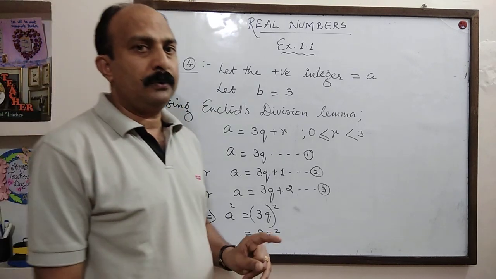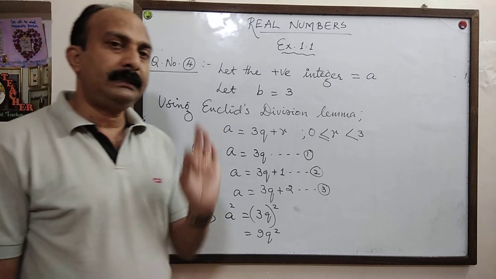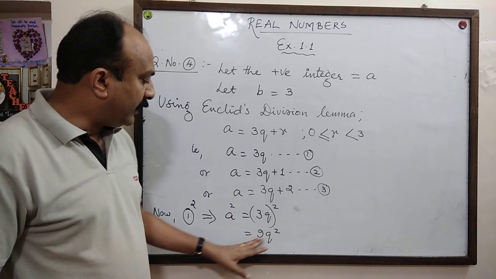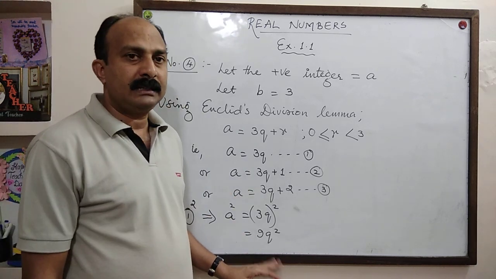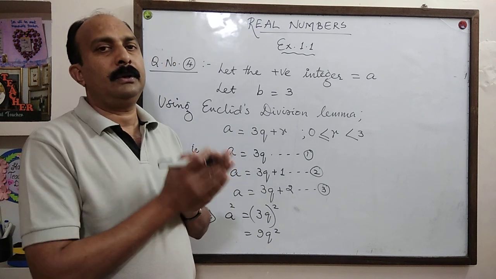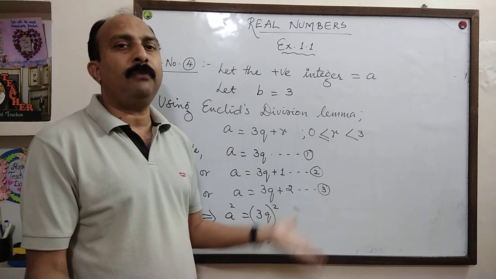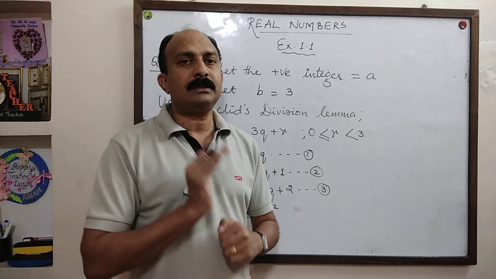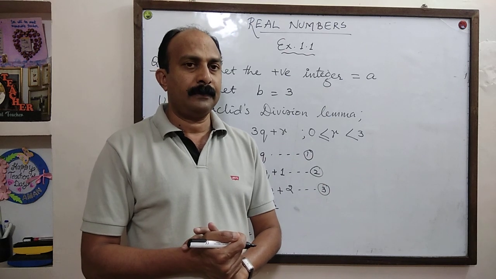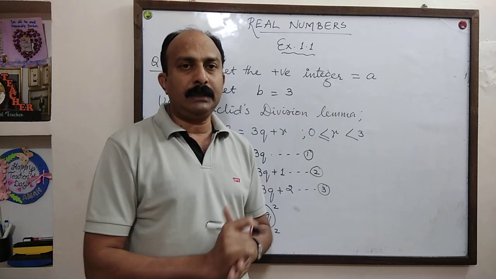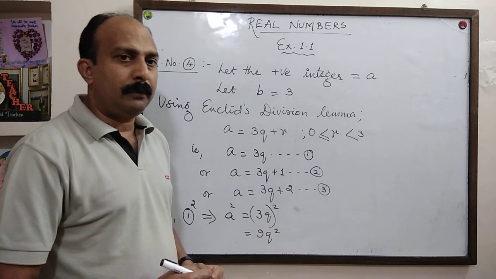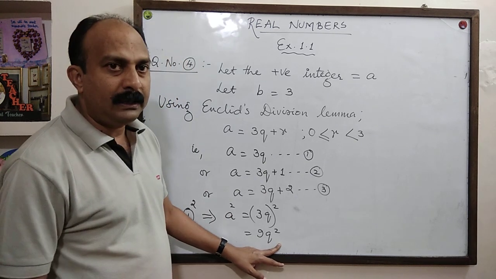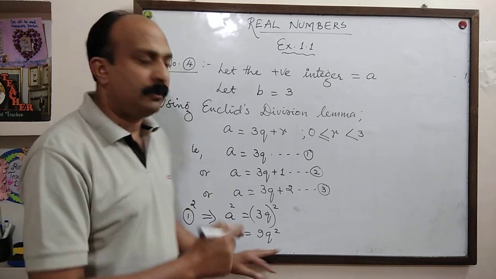Now we are asked to prove a square as 3m or 3m plus 1. What does it mean? We have to express the answer of a square as a multiple of 3 or a multiple of 3 plus 1. Means we have to try to take out 3 as common from the RHS. Either 3 common in all the terms, or by taking 3 common, we must get only 1 outside the bracket. Here we can see in 9q square 3 is common.